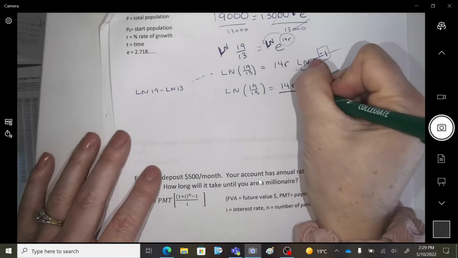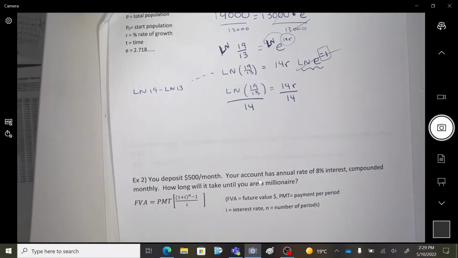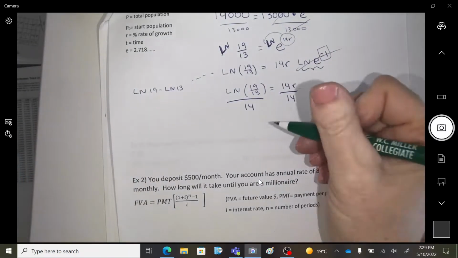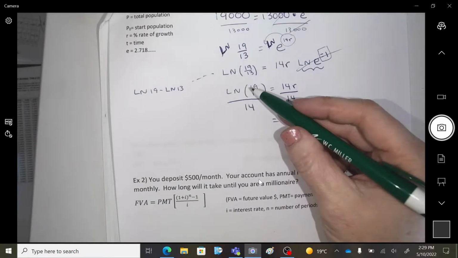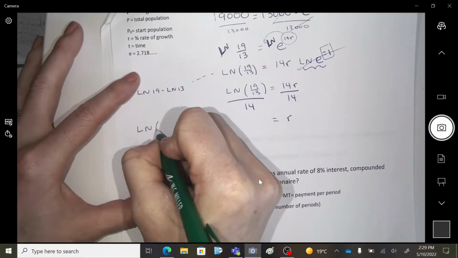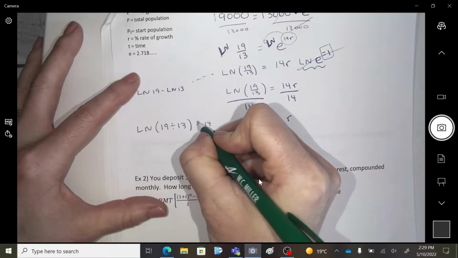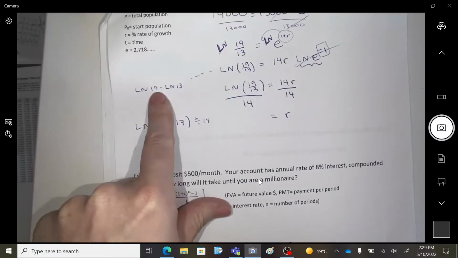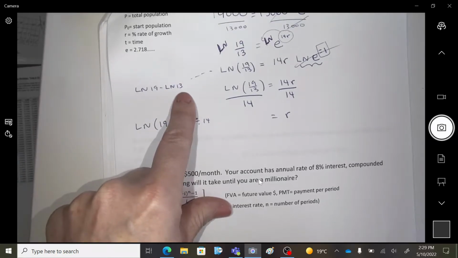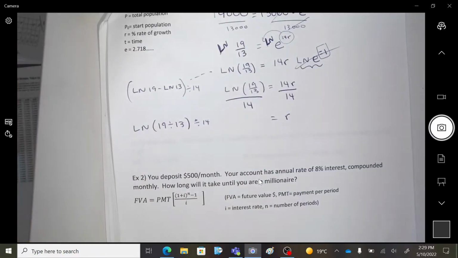Okay, and then I'm going to divide by 14. And that gives me my R. So be careful when you are typing this. You probably want to make sure you close a bracket in your calculator. If you had separated with subtraction, you would just need a bracket around that whole thing.